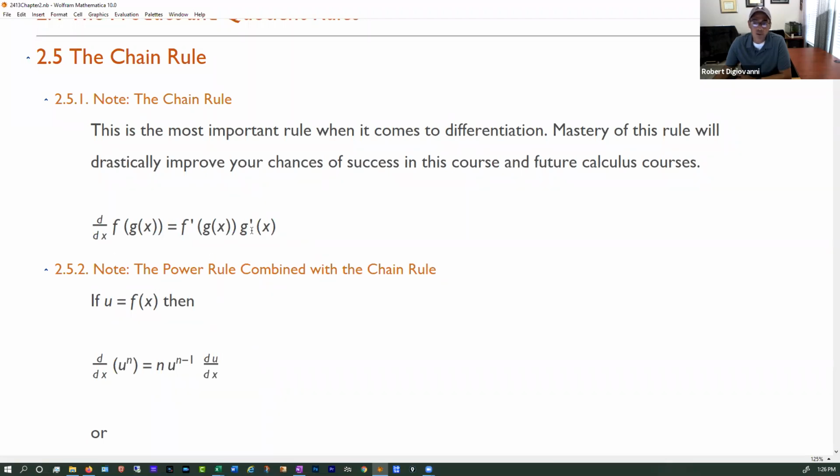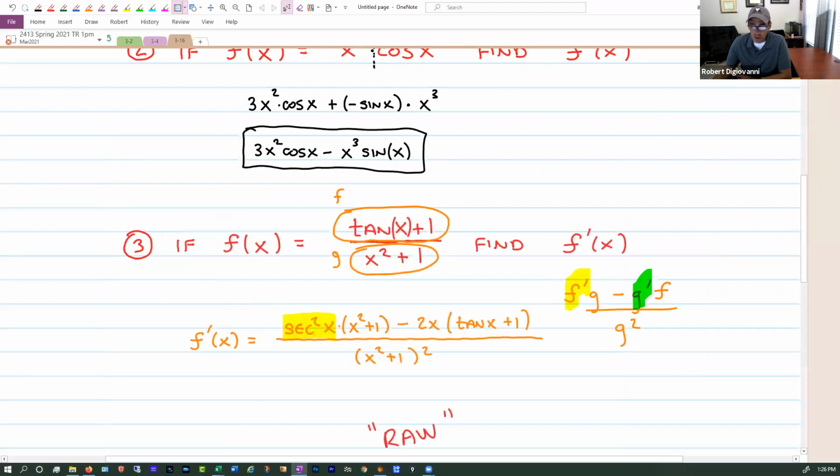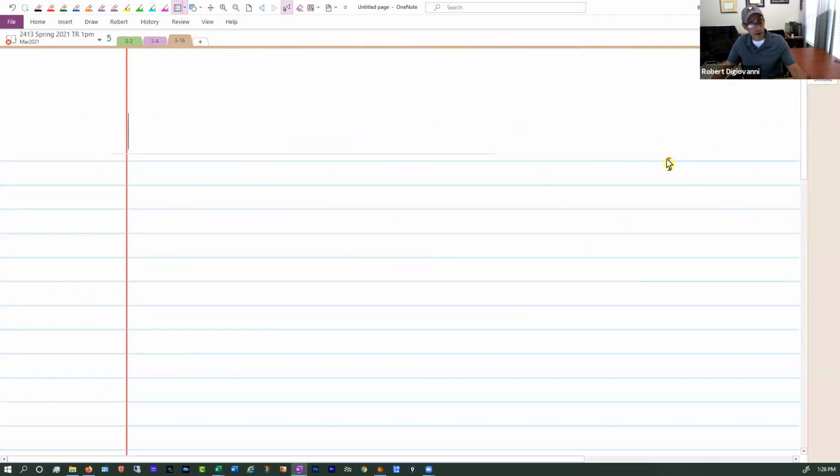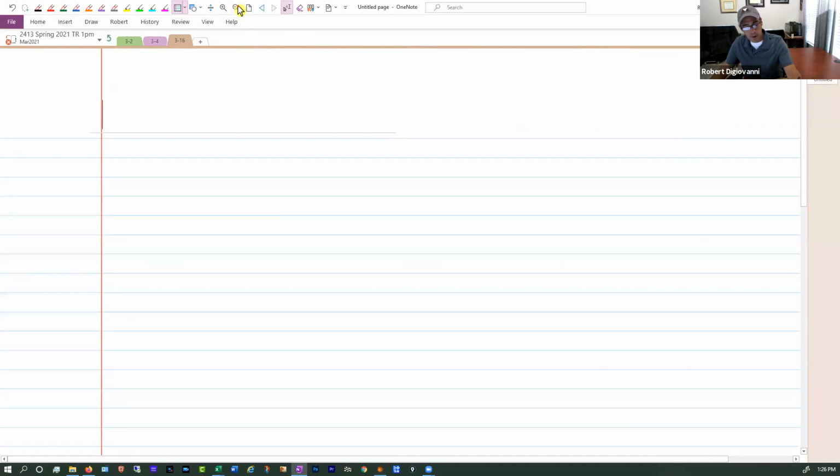So I think what we'll do is we'll start with an example and then I will come back to the formula in a second. Let's take a look at this example right here. Let's say that we're given a function. I'm going to call it y equals sine of x squared.